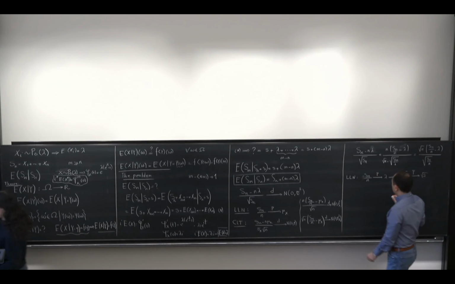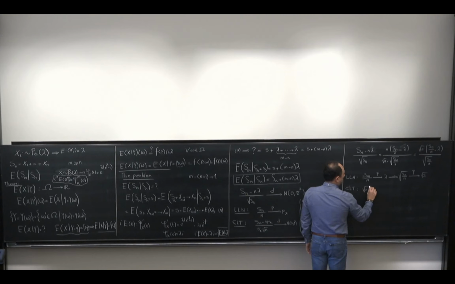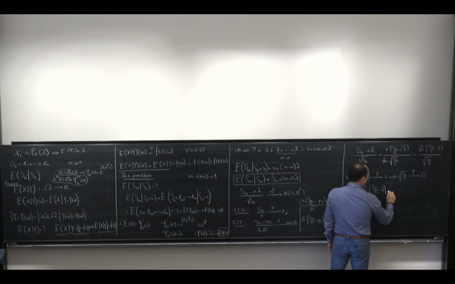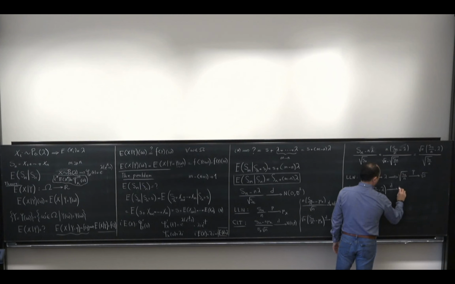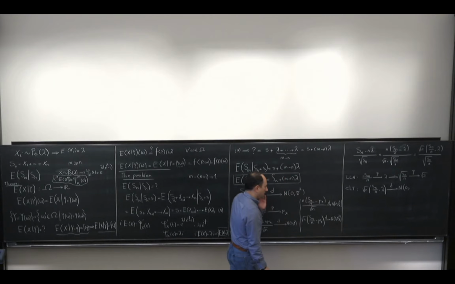And the other one, according to CLT theorem, the square root of n times Sn over n minus lambda goes where? Goes to N(0, sigma x squared).